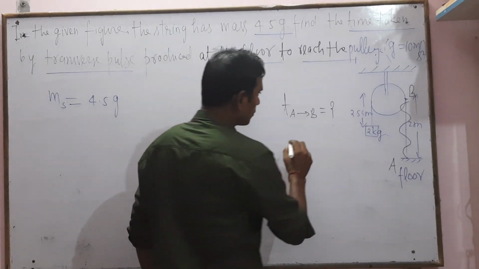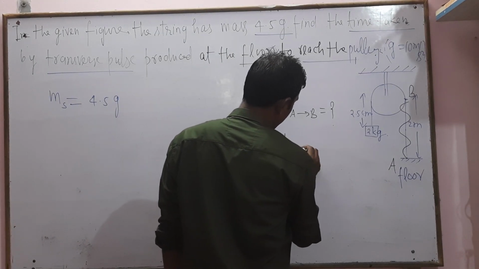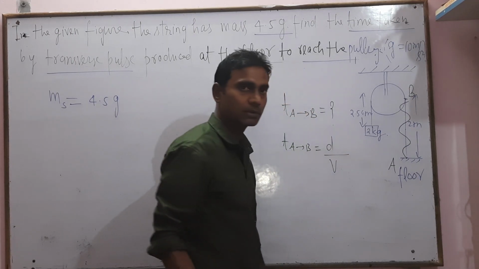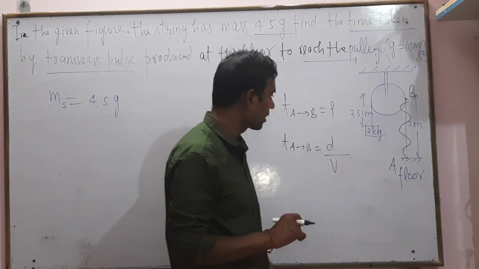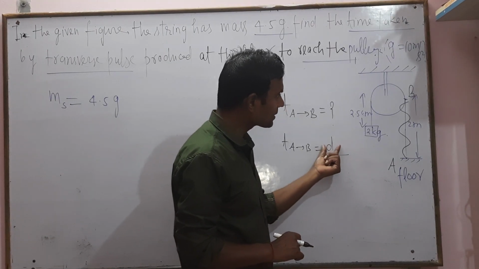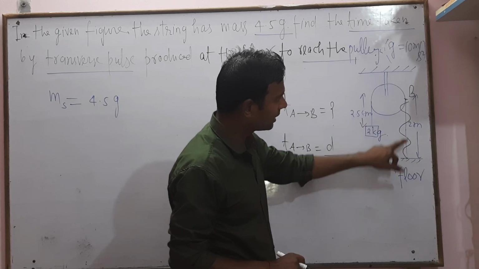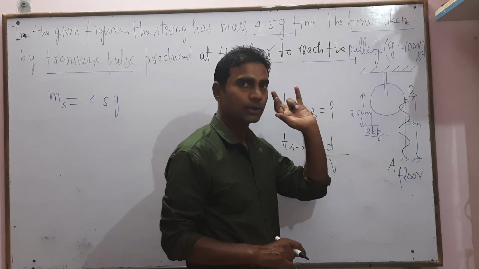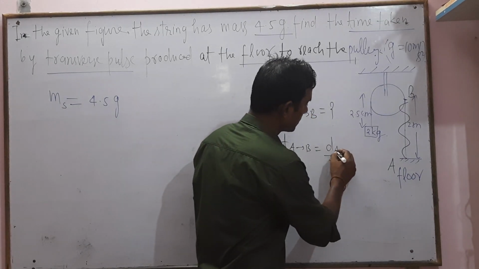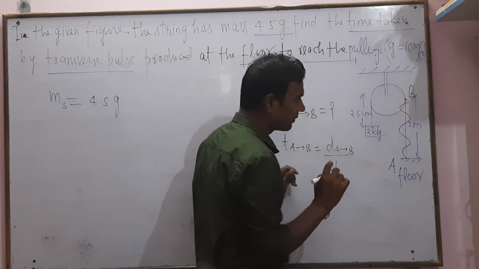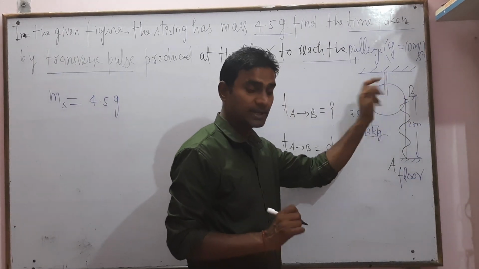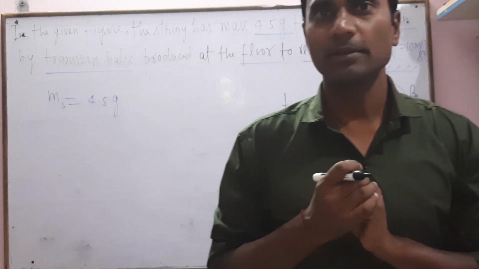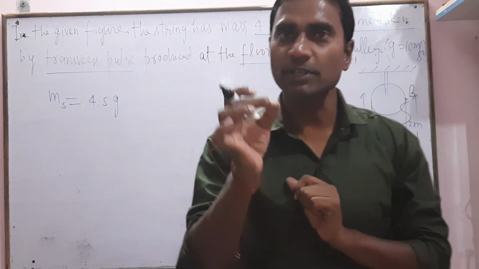Time is equal to distance upon velocity. Understand? Distance by velocity. Here the distance is from A to B, because we have to find the time taken from A to B. And we need the velocity for the transverse wave, not the velocity of the particle.